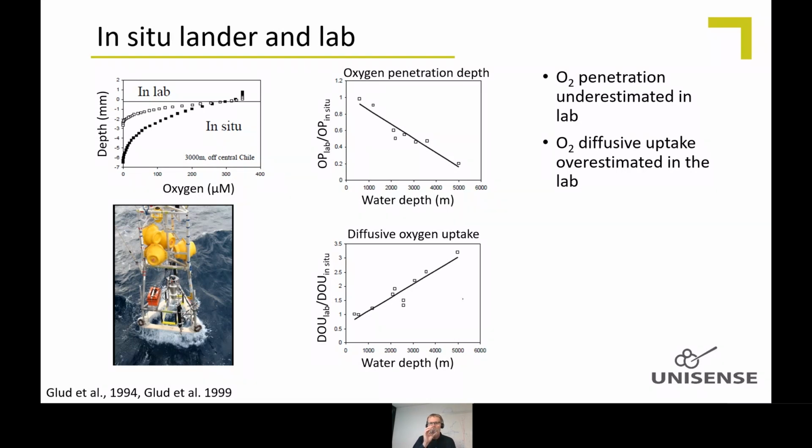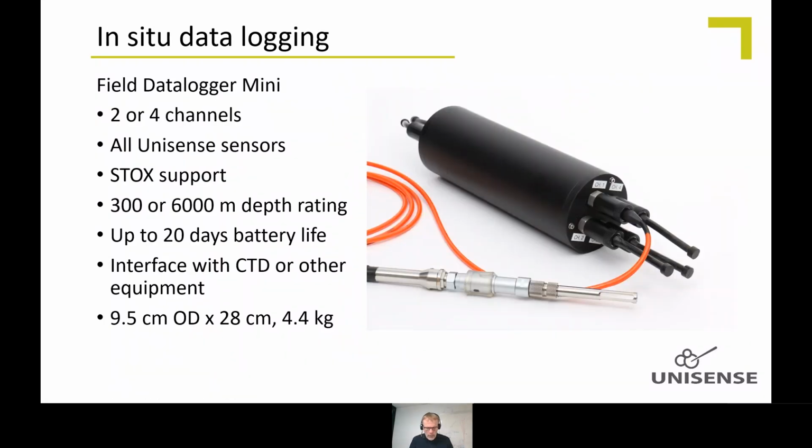So that's a good reason that if you want the actual oxygen penetration and respiration rate, you may want to work in situ. As I mentioned, we can also use our sensors just to measure water column profiles, anywhere in the water column you want to work. We have this field data logger mini, which is a simple data logger with either 2 or 4 channels, 4 in this case. The sensor is mounted via the in situ amplifier here and with a stainless steel protection cap.